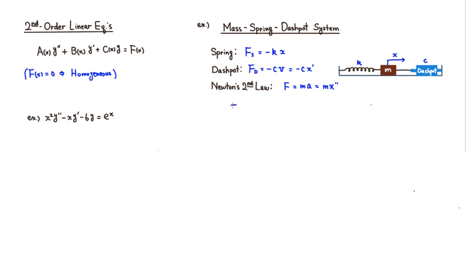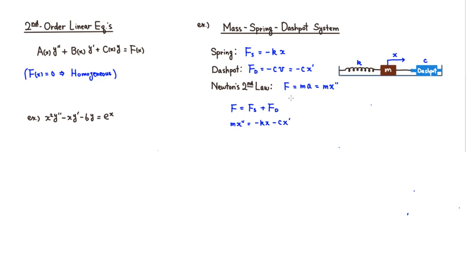So we can have F as the sum of the force by the spring, F sub s, plus the force from the dashpot, F sub d. If you plug everything in, F can be rewritten as m times x double prime is equal to F sub s, which is negative kx, and F sub d is negative cx prime.